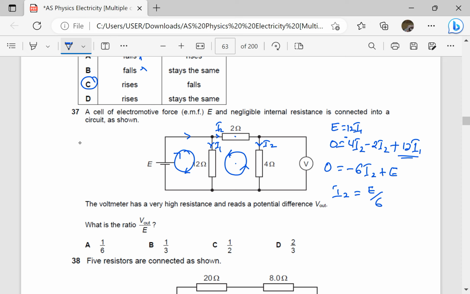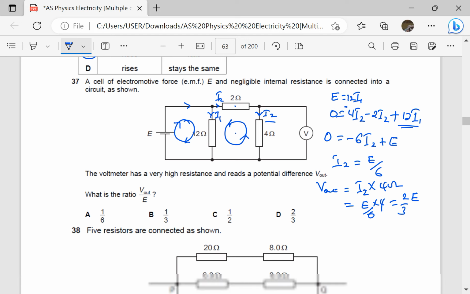V out is the PD across 4 ohms. Using Ohm's law, V out is going to be the current, which is I2, times the resistance, which is 4 ohms. So this is going to be E over 6 times 4, which is precisely 2 over 3 times E. That is V out.